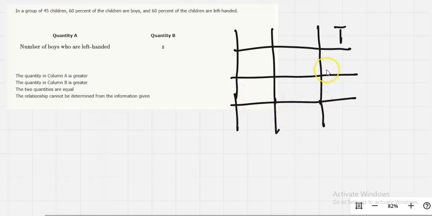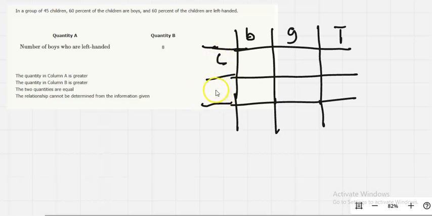So let's draw our chart. This is for boys, this is for girls. So let's extend this. This is for right-handed. Okay, sorry, this is for left-handed.